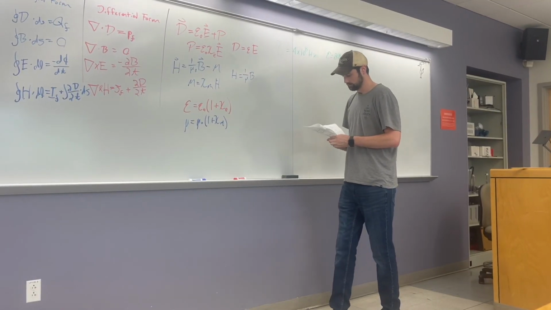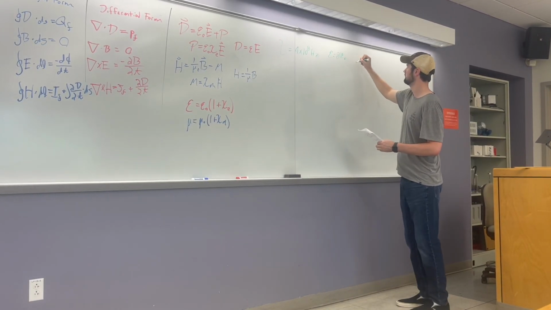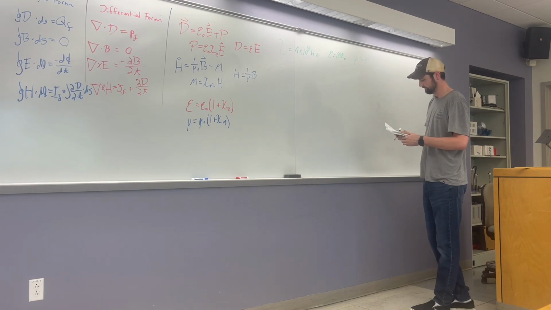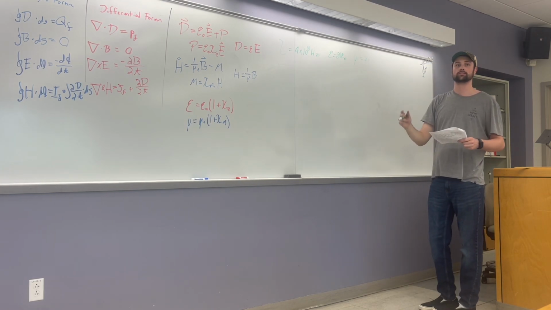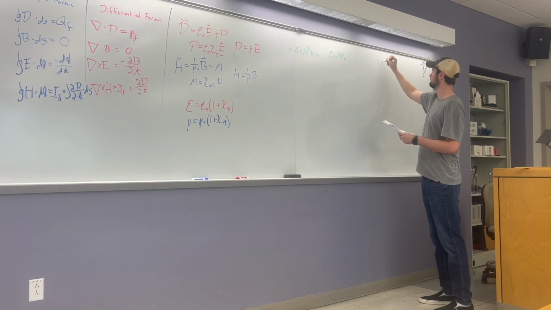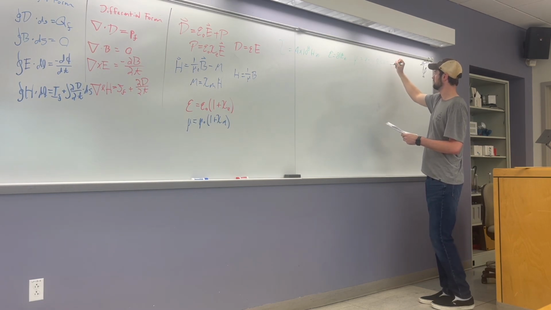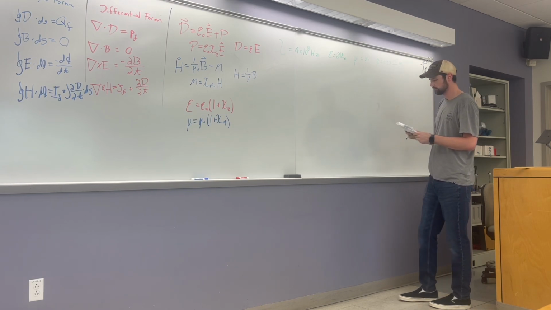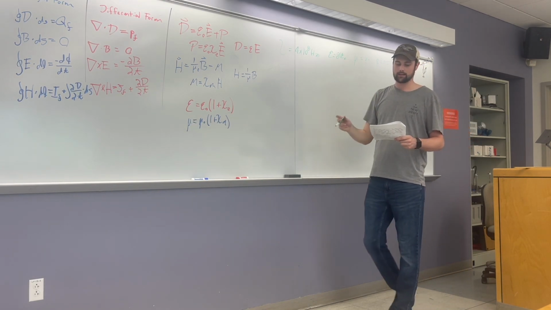We are given a mu equal to mu naught. And we are given a rho, or resistivity, of 0.23 ohm-meters.